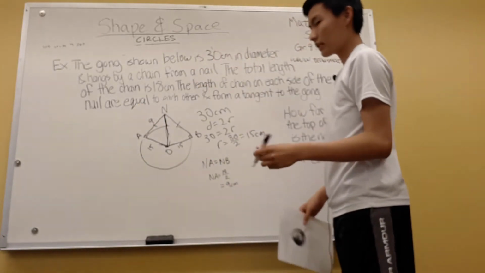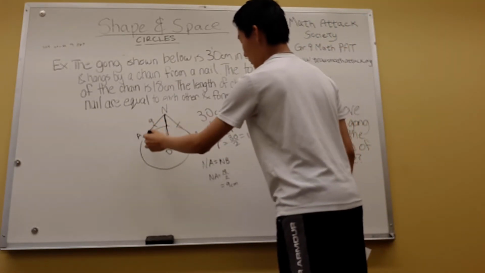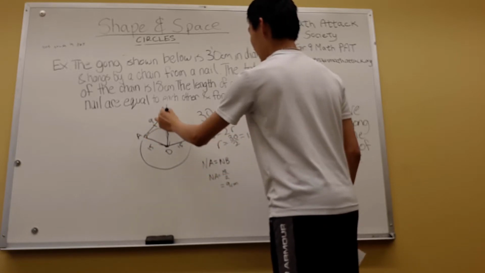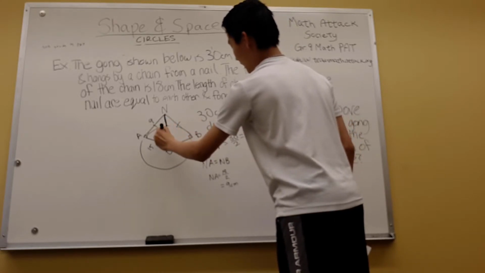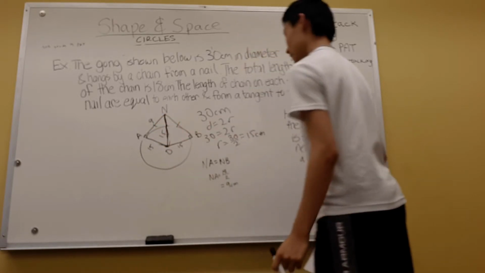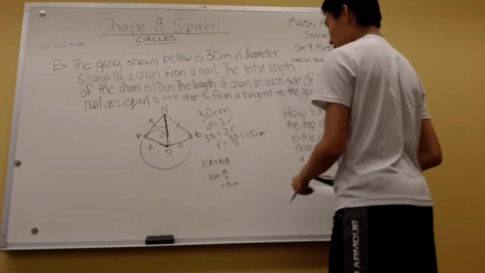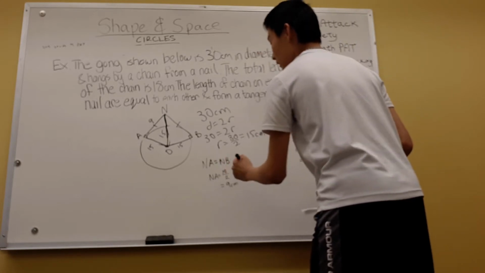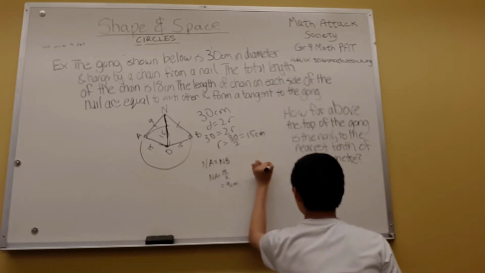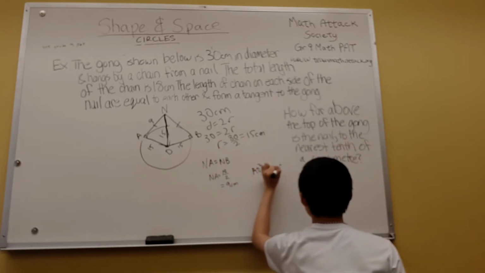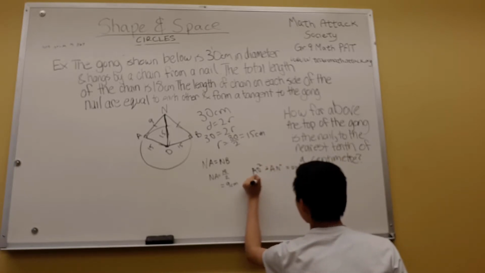Now, something we've already learned before is the Pythagorean Theorem. Since this is a right triangle and we know these two lengths, we can solve for NO, and then from there we can subtract the radius to get our answer. So if we plug this into a calculator, AO squared plus AN squared equals ON squared.